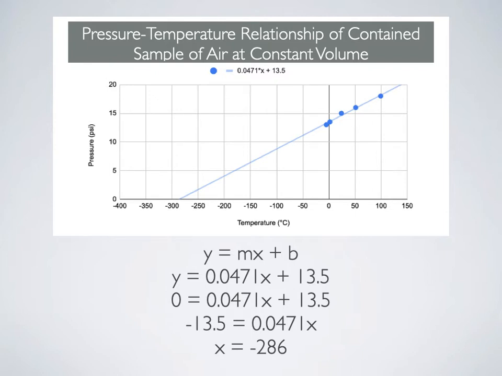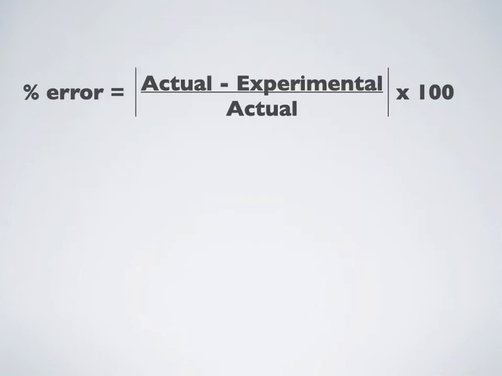The x-intercept, of course, would be where the particles have stopped moving, and therefore you have no collisions with the container by the molecules of gas, and so you have zero pressure. At zero pressure, we have our lowest possible temperature, which is not moving, or what we would refer to as absolute zero.